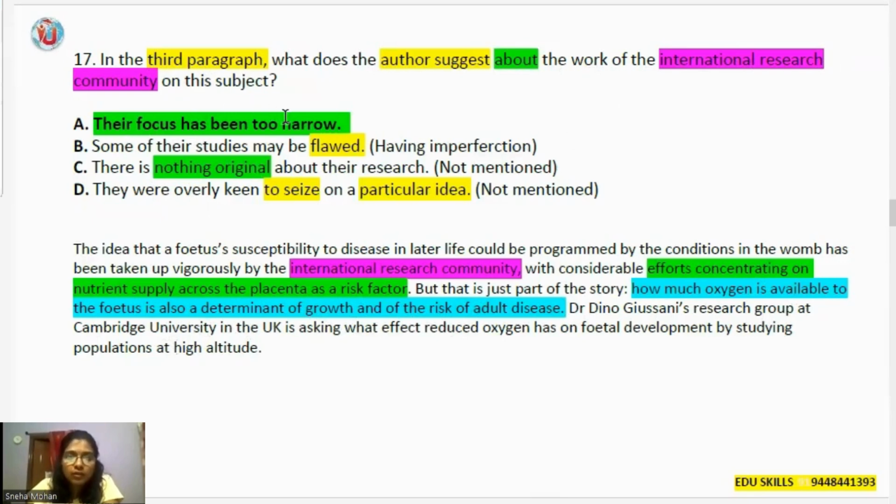That is, their focus has been too narrow. Like, they concentrated only on one aspect. They did not cover the other aspects. They did not think about the other aspects. So the correct answer option is their focus has been too narrow. I hope all of you understood the answer for question number 17.